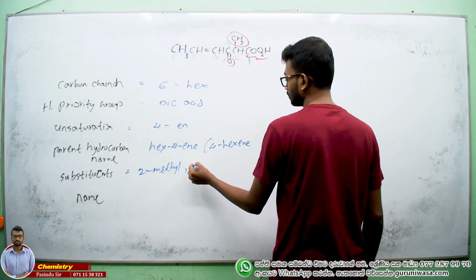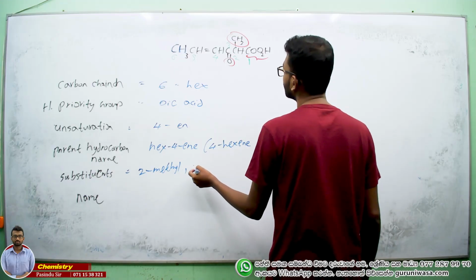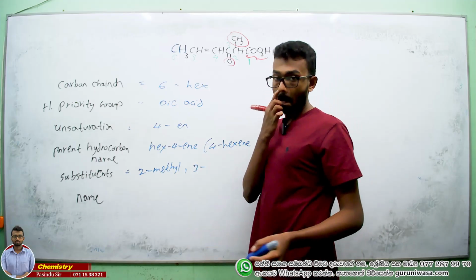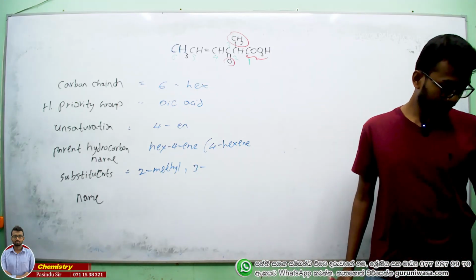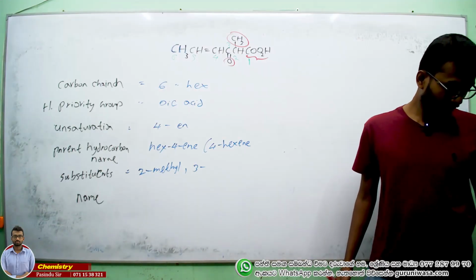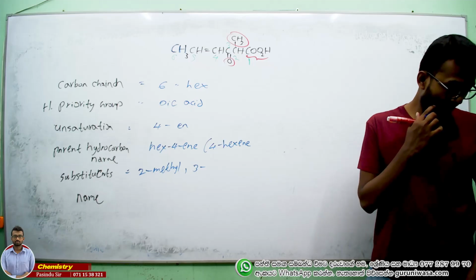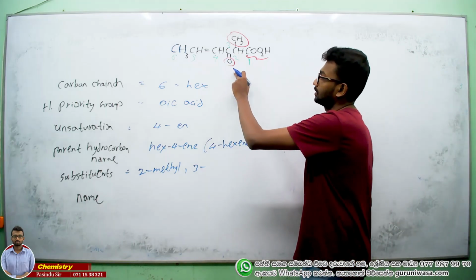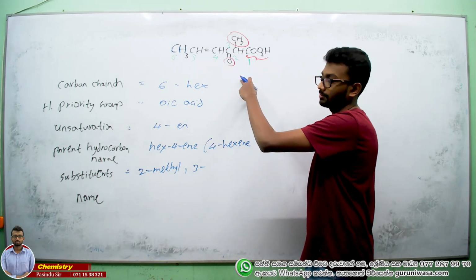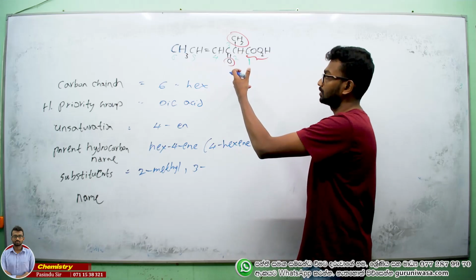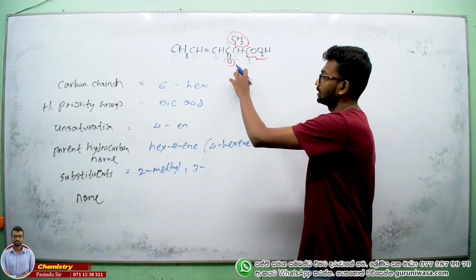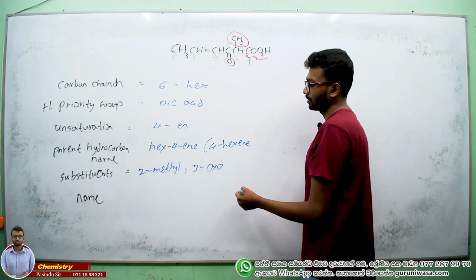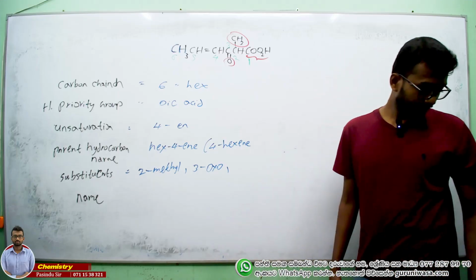This is a ketone group. If it's a main group, it's one, but here it's a substituent, so we call it oxo.